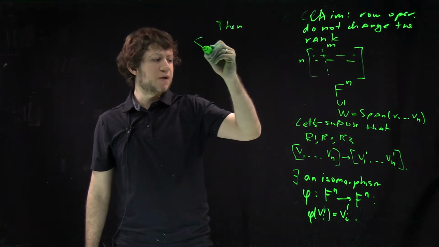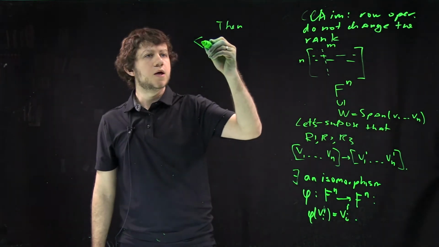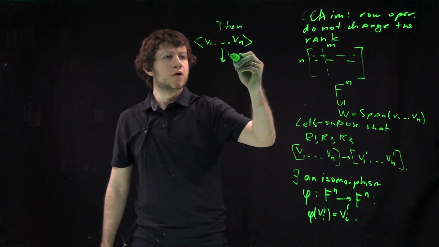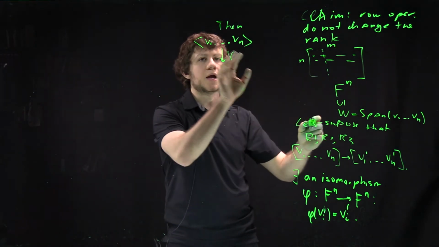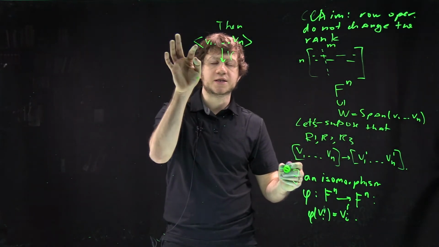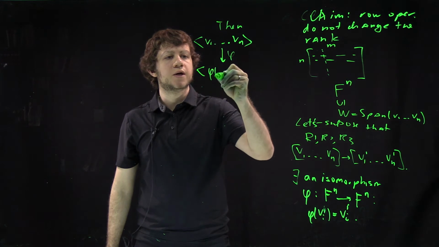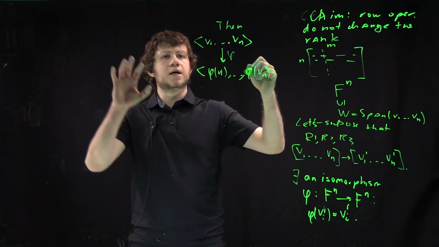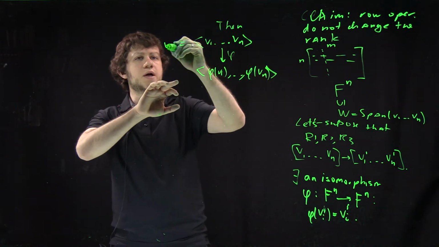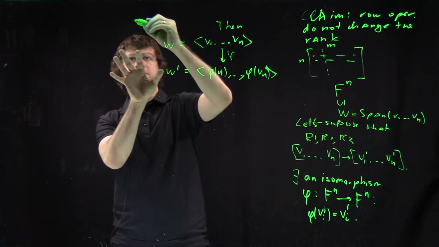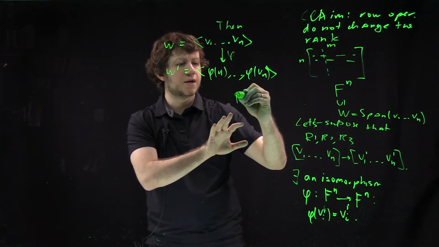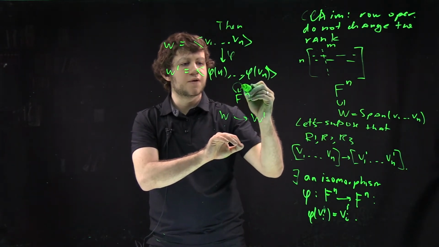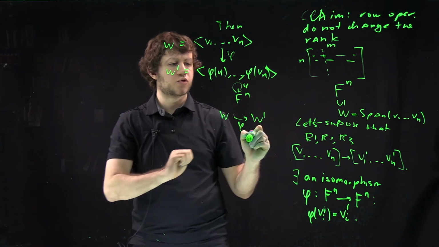And of course, then the span of v1 up to vn, using this isomorphism. So an isomorphism is a map from our space Fn to itself, and so of course it takes a subspace generated by the span to a subspace generated by phi of v1 up to phi of vn. And so if this was W and this was W prime, then we have a picture where you have this vector space Fn containing two subspaces, and your isomorphism moves Fn to itself and moves W to W prime.